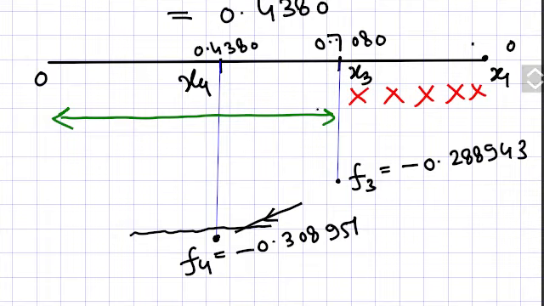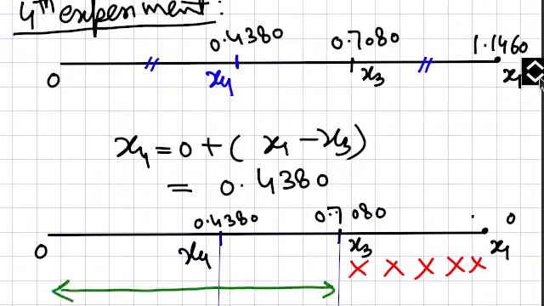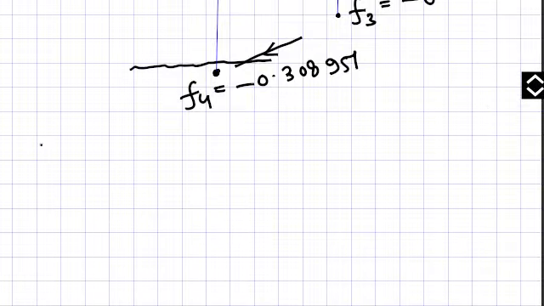This much we have narrowed, putting our focus mainly on the point where the minimum can lie. Now we will do the fifth experiment to decide the fifth point.